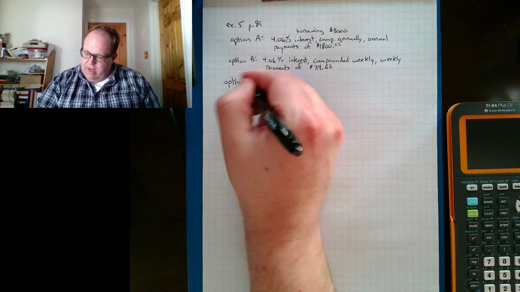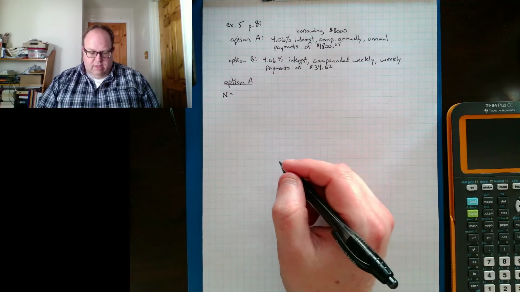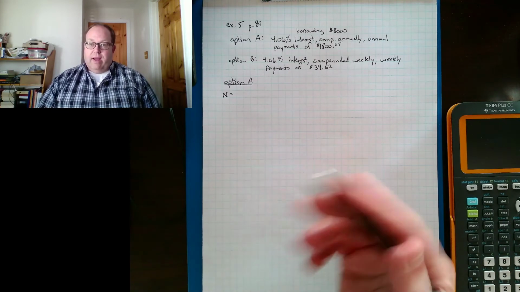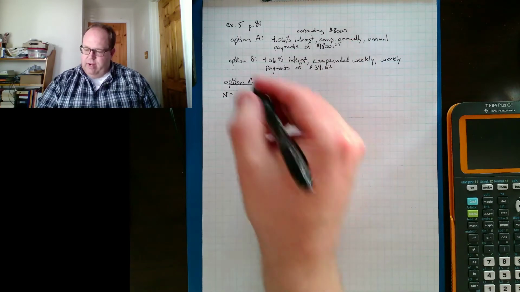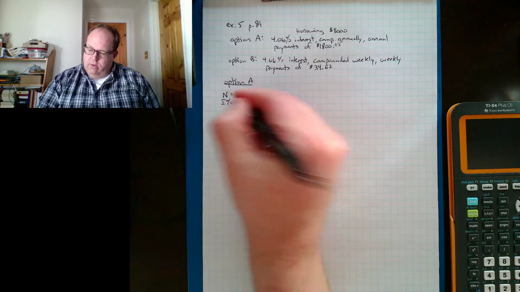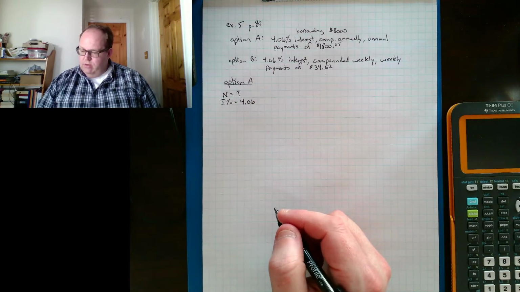I go through option A on the solver, and well, we don't know what N is. We don't know how long it's going to take him to pay off this loan at this rate. We know that he's getting 4.06% on the loan.